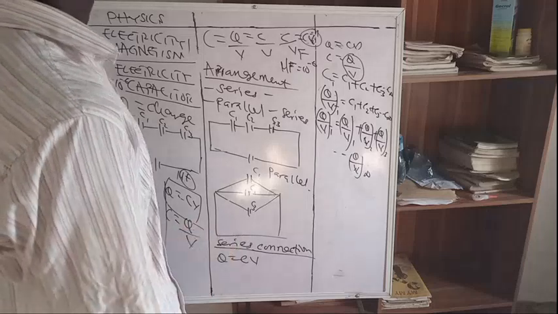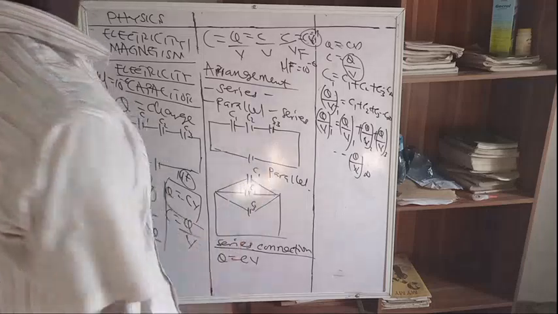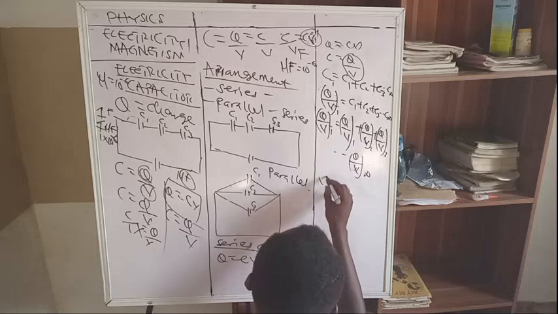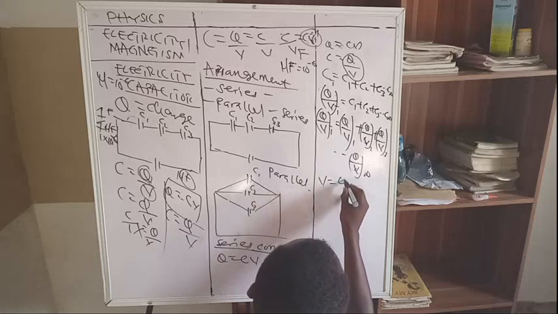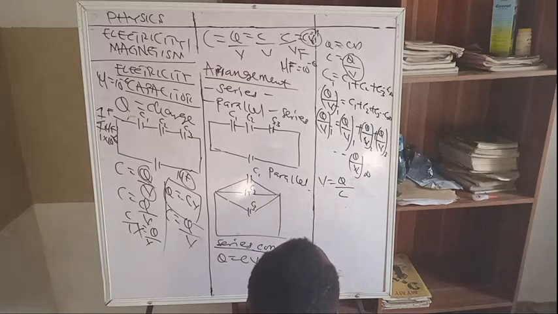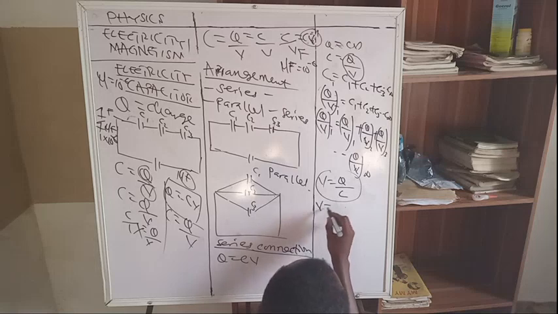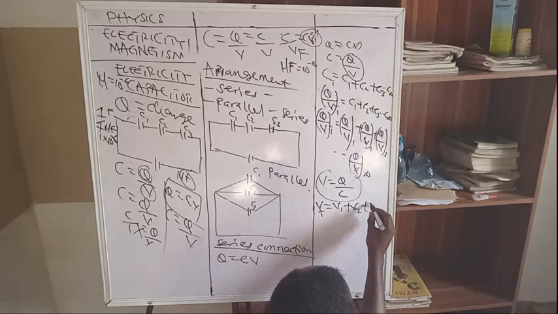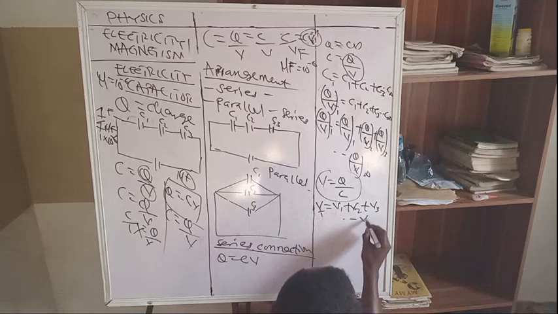So what's going to be the charge in terms of that? In terms of the potential, potential is going to give us Q over C. If potential is equal to Q over C, then V total is equal to V1 plus V2 plus V3, everything to V infinity.